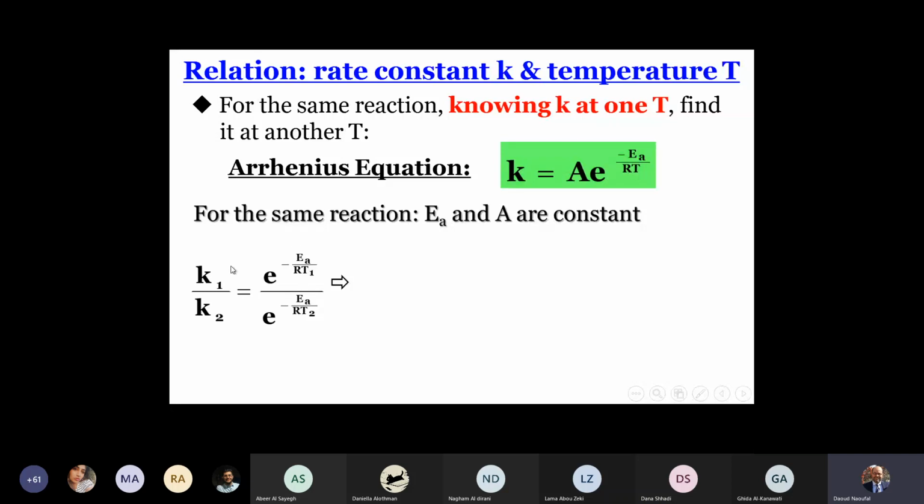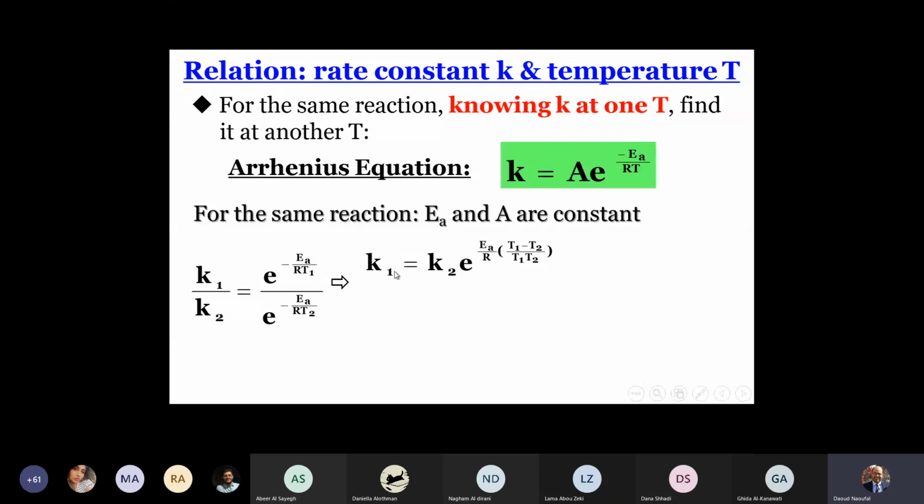So divide now K1 by K2, we eliminate A with A, and we obtain K1 divided by K2 equals e to the minus EA divided by RT1, divided by e to the minus the same EA divided by RT2.